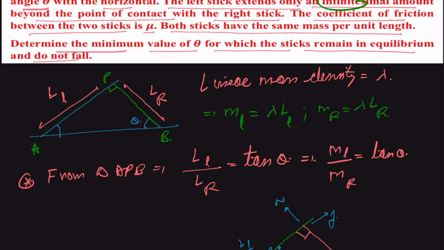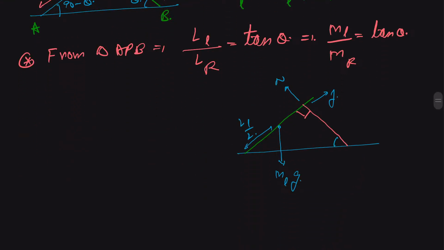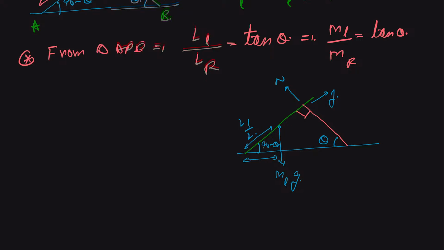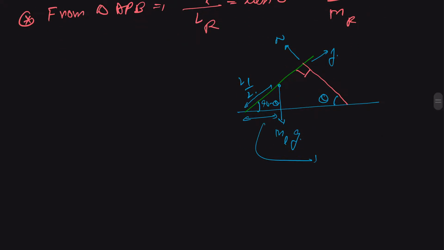This is theta, so this will be 90 minus theta. Therefore, this distance will be equal to L by 2 times cos of 90 minus theta, and this comes as L_L times sine of theta.